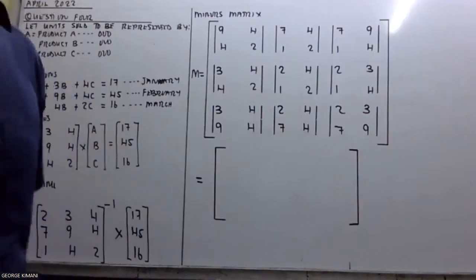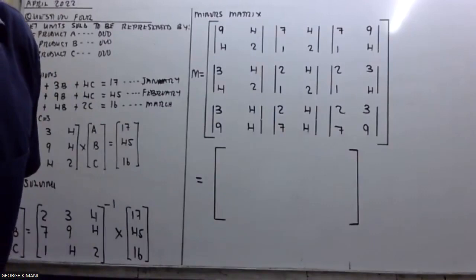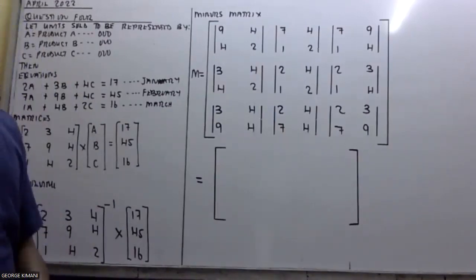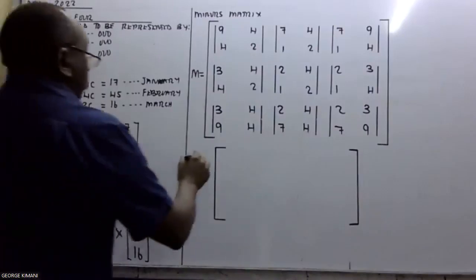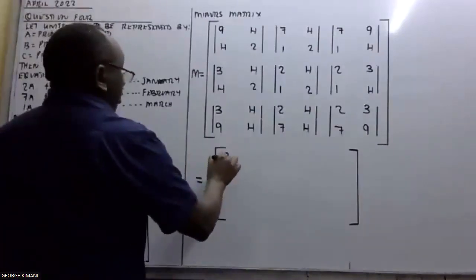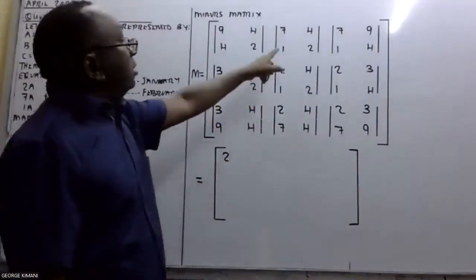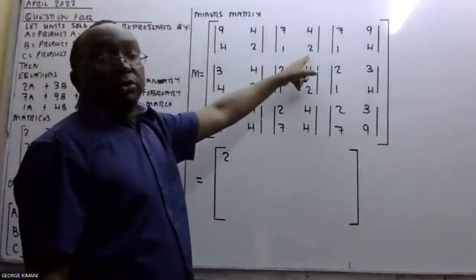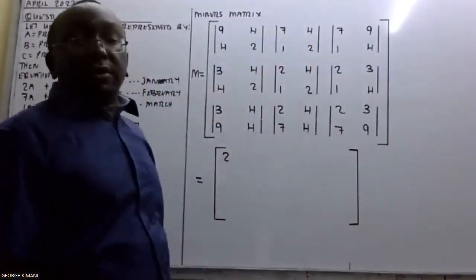Waiting for the answer. Okay, I'm told 2 here. Let's go to this one. 7 by 2 less 1 by 4.